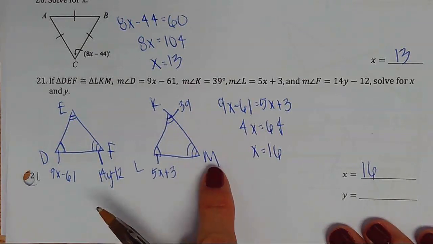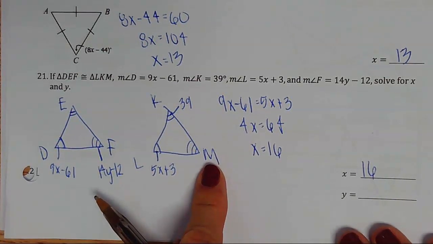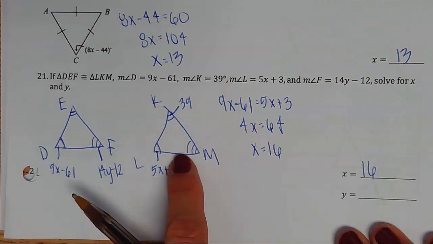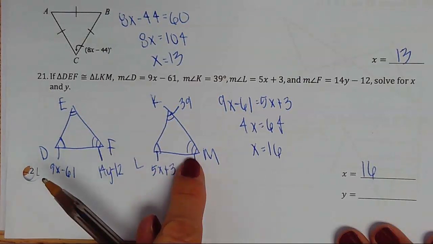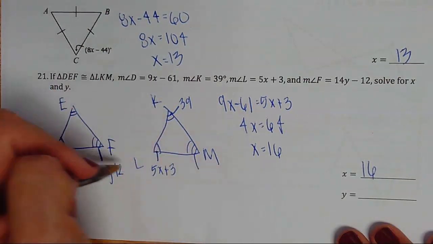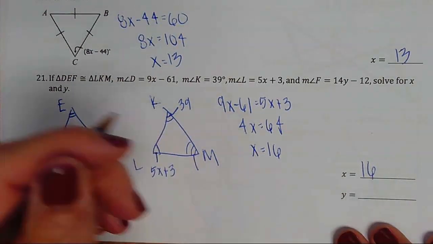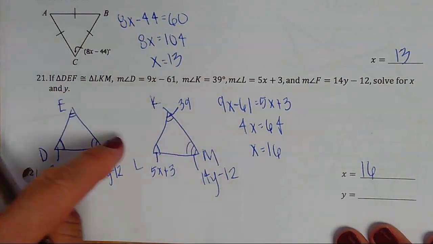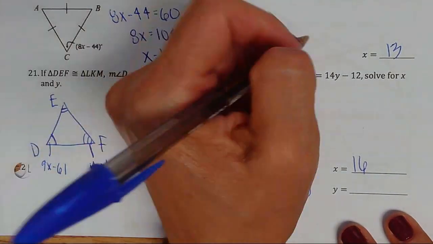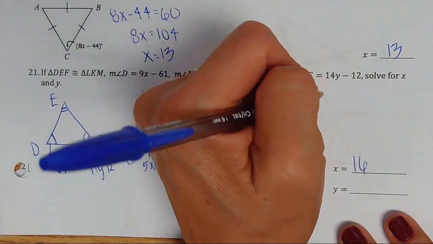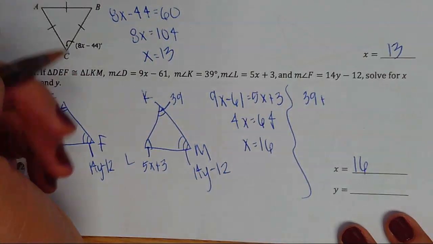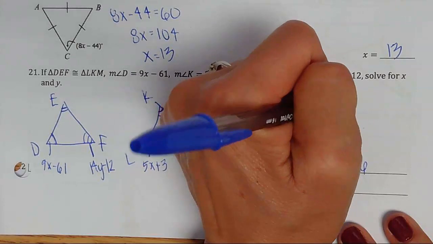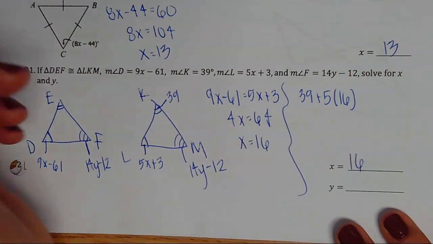So now I'm going to plug in some information. I'm going to use this 14y, since I know M and F are congruent, and add them all together, set it equal to 180. So we're going to do 39 plus 5 times 16, right?